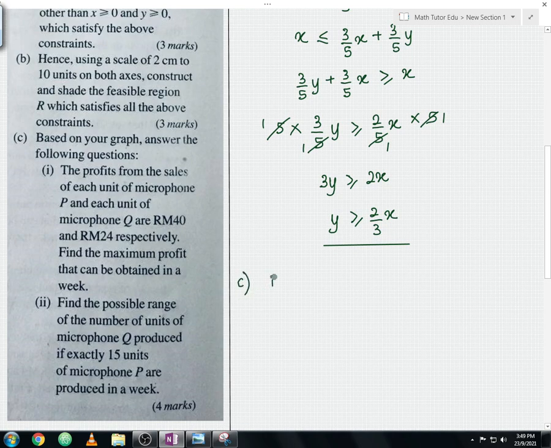Given that the profit P equals 40 times x, since it represents microphone P at 40 ringgit, plus 24 times y, for microphone Q at 24 ringgit. So this is your profit equation. Let me box this.